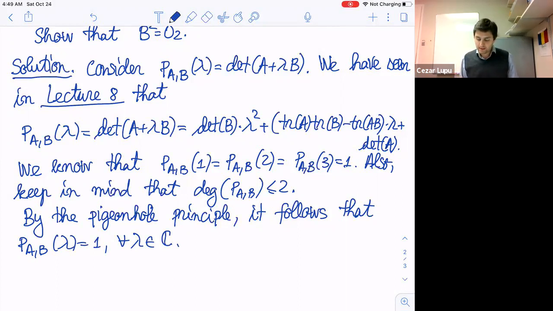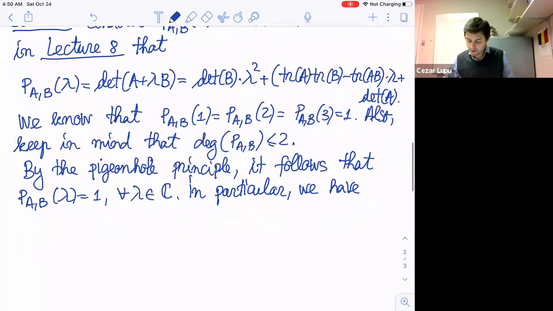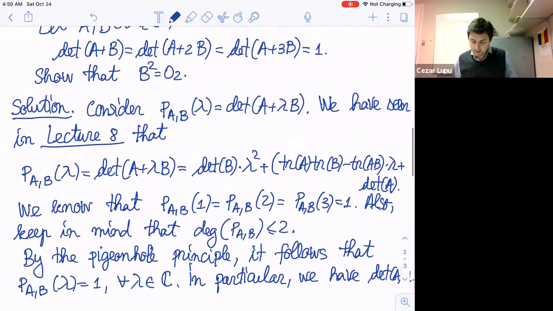So this implies that in particular for P of 0, we have that the determinant of A is 1, right? Okay, so we have this information. So we know that also the determinant of A is 1.